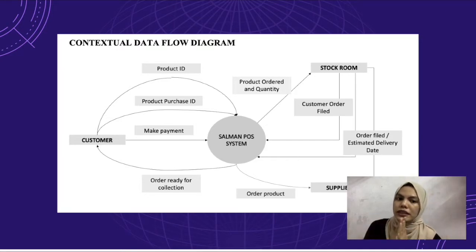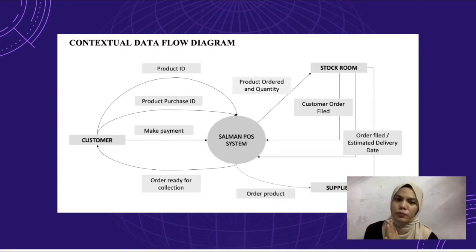The stockroom will check its inventory file about the quantity available, and if it's available, the stockroom will send to the POS system to notify the customer to make payment. When the customer makes payment and the transaction succeeds, a receipt will be sent to the customer, and the stockroom will prepare the order.